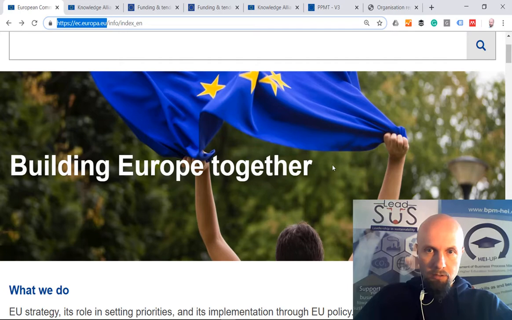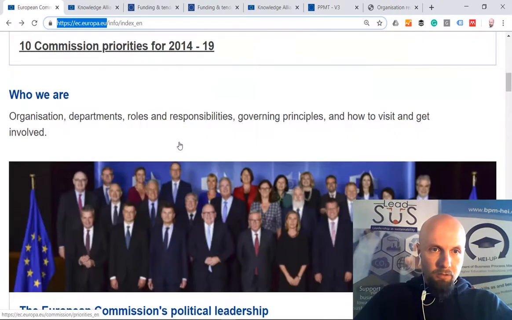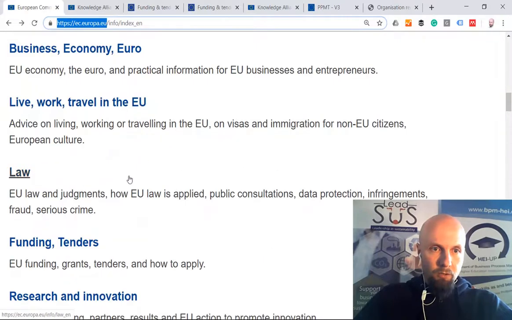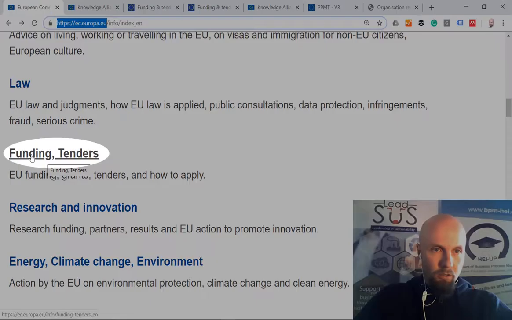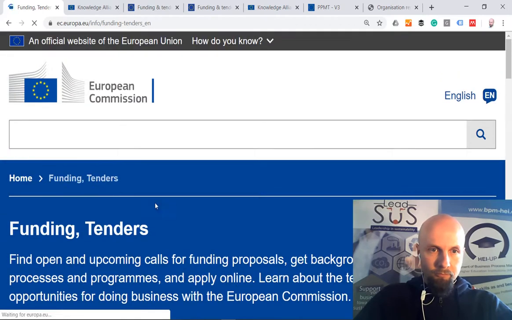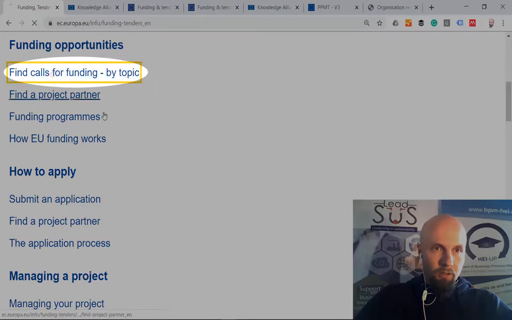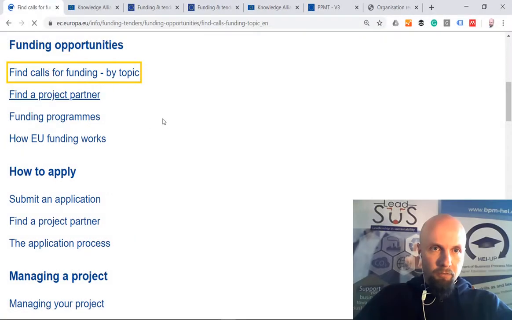Now it's November 2019, so it has been about a week since the call for Erasmus Plus was published. Okay, let me scroll down to funding and tenders. And I will look for calls by funding topics.